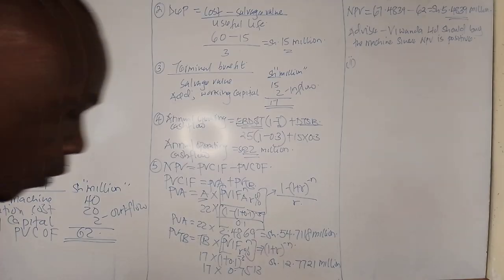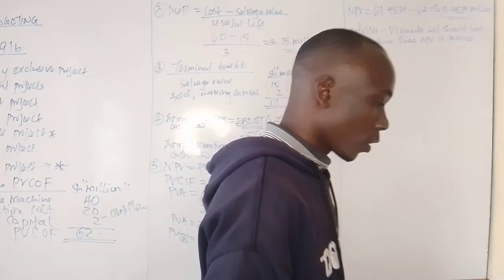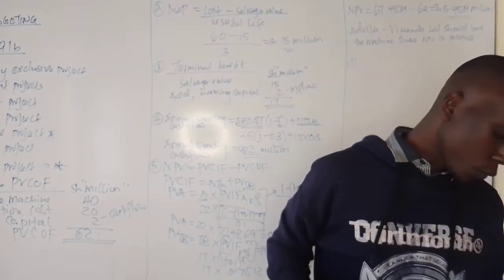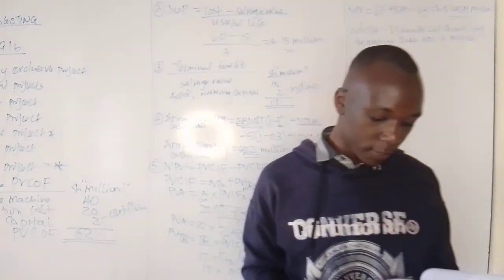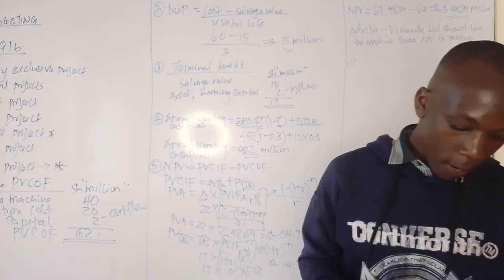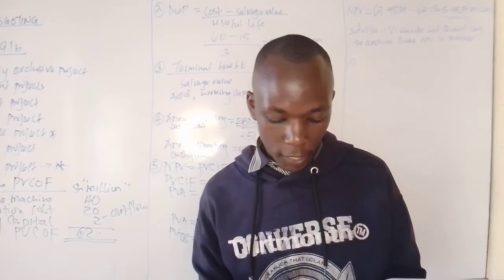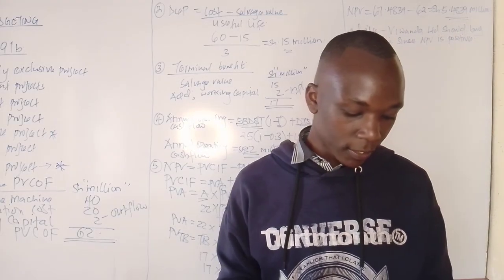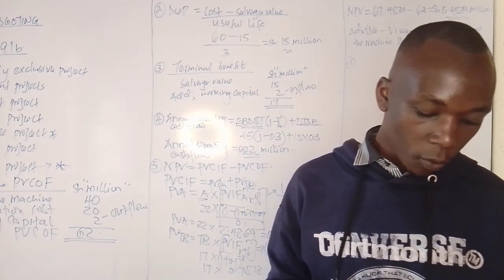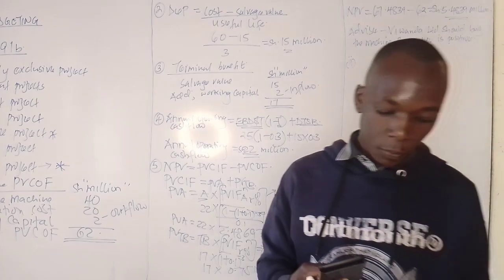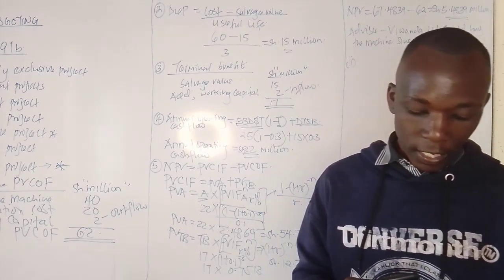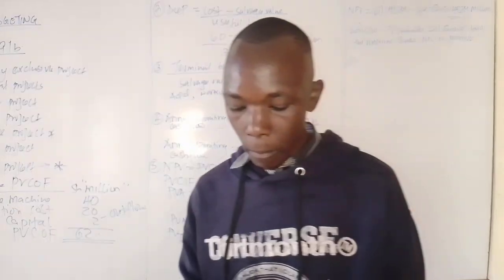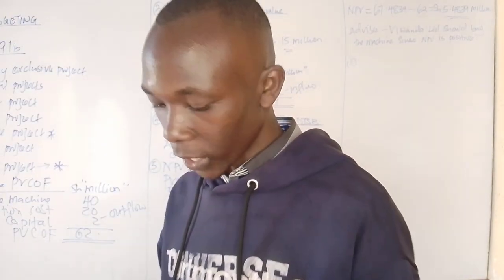So for the case of the Roman 2, this is what you are told. Roman 2, you are told, suppose the firm's management is unsure about the savings in before tax operating costs. Carry out a sensitivity analysis on this variable, assuming that the variable shall vary adversely by 10%.